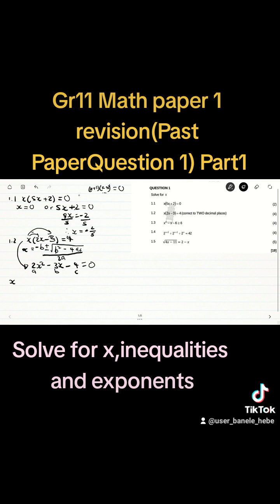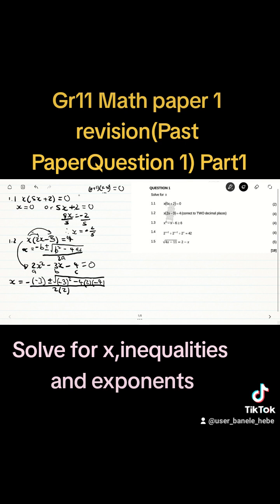Now let's substitute everything into the formula and see what we get. b is equal to negative 3, so we put negative 3 there, plus minus the square root of negative 3 again in the place of b squared, minus 4a. In the place of a, we have 2. In the place of c, we have negative 4. And then divide the whole thing by 2a. In the place of a, we have 2.